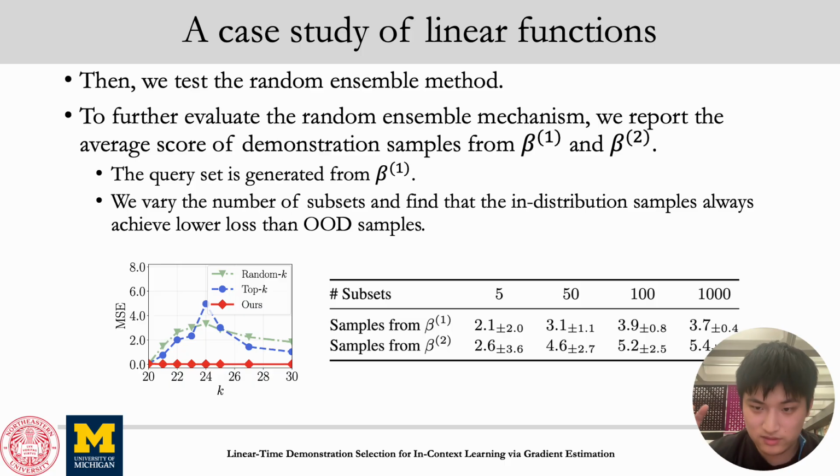The score here is kind of the loss, and this is out-of-distribution data, so the output should be higher. From the chart here, we see that it is indeed higher for out-of-distribution data. So this shows the efficiency and accuracy of our method.